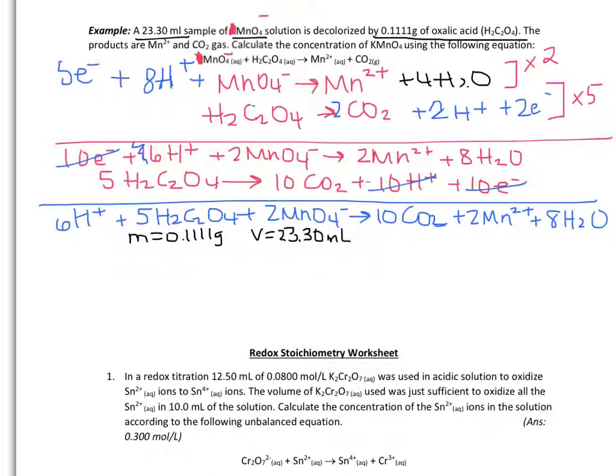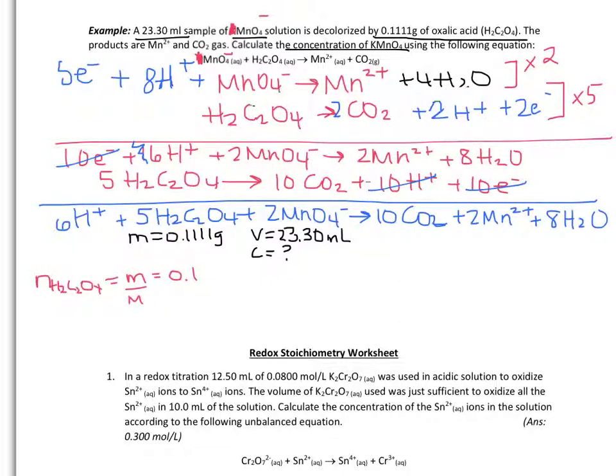And we're asked to calculate the concentration of MnO4 negative. So at this point, you should ask yourself, what can I find? Do I have enough information so that I can calculate the moles? And it should be evident that you can find the number of moles of H2C2O4 using mass divided by the molar mass.